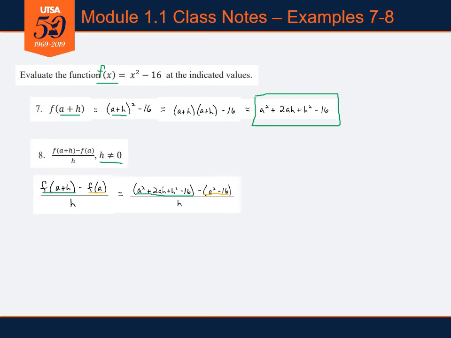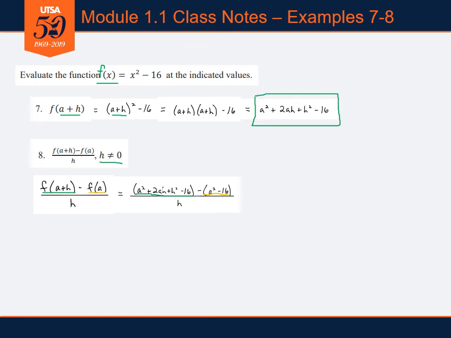Don't let all the variables and letters and lack of numbers confuse you too much here. It's inputs and outputs. That's what we're looking at. So if f of a is a squared minus 16, as I've got here underlined in orange, then we've got this relatively complex looking fraction, but things start to work out from here.